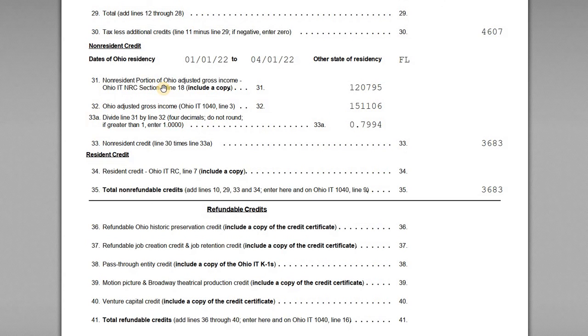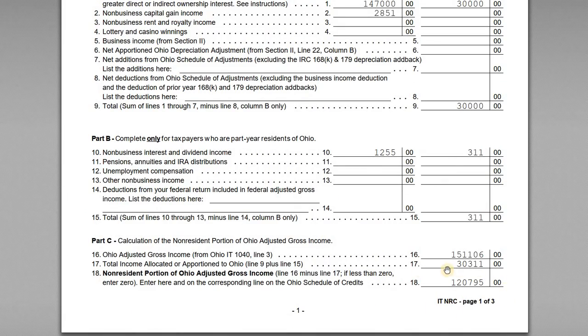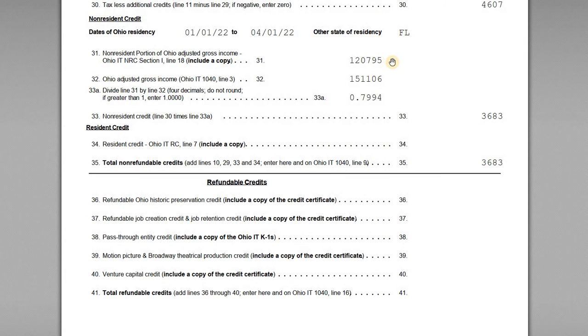So we have the non-resident portion of Ohio AGI, $120,795, so that just came from this worksheet down here, right? $120,795. And then we have our Ohio AGI coming through from the 1040 line 3, $151,106. So divide line 31 by line 32, and we've got 0.7994, so 79.94%.